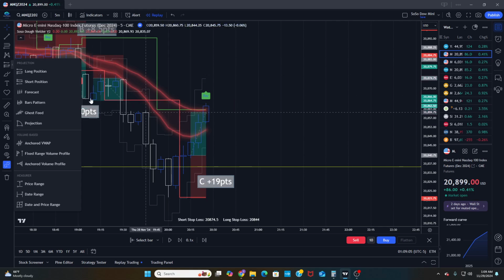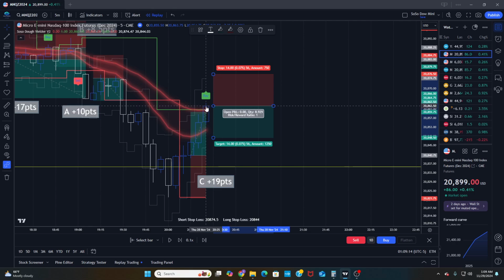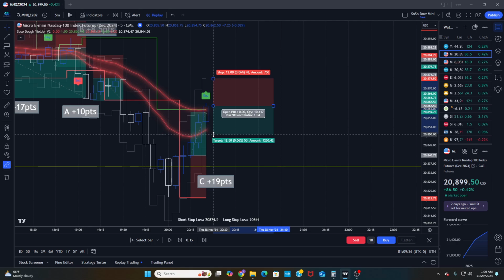So since we have the downtrend on the B entry, we would go short here at 862.50, the close of that candle, opposite of our trend. Our stop loss is going to be the stop loss line above that candle, and we're shooting for 12 points there.